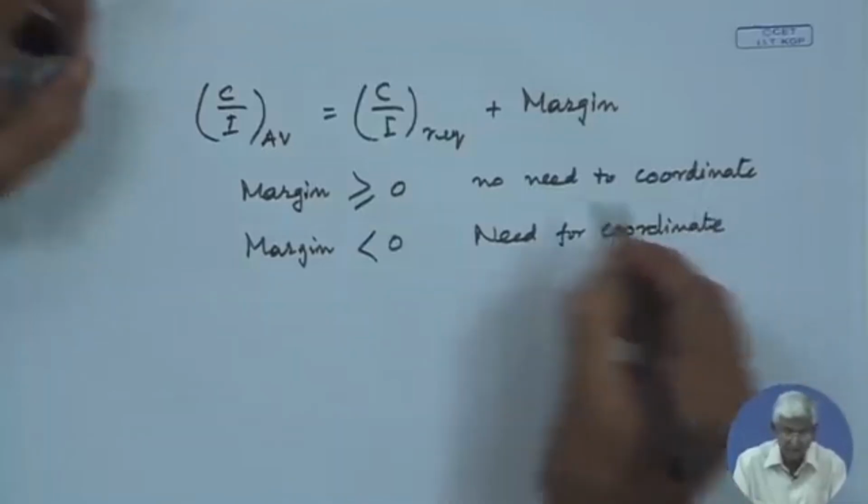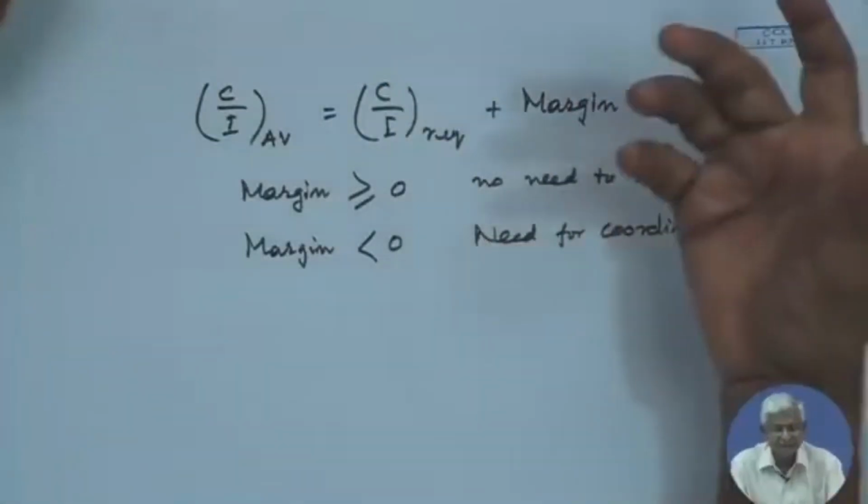And in this game, it is first come first serve, whoever has launched the satellite first has more right, and if some new satellite operator is coming to operate in a nearby region or overlapping on that, that satellite operator has to coordinate with the original existing satellite operator and find out what C by I he is getting from them and how much he is interfering with them.